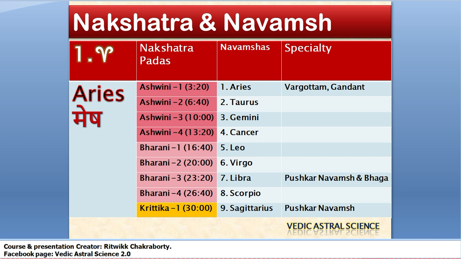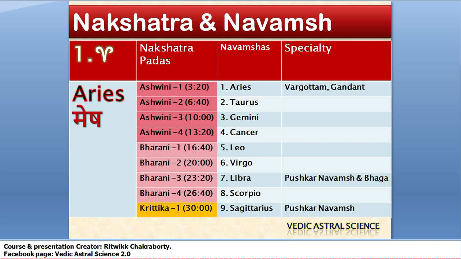For Venus it is a Navamsa ruled by itself. It will be Venus's own Navamsa. So Venus can give good result in this segment.